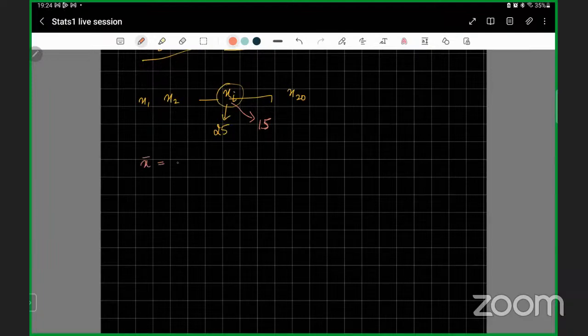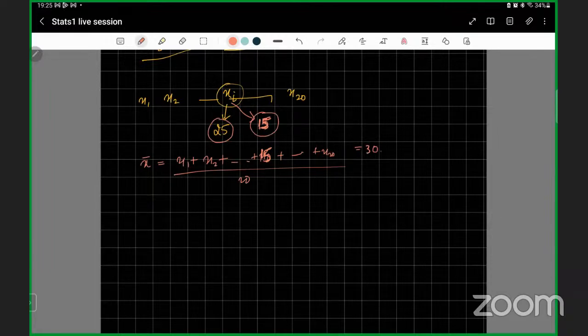The mean you got was x1 plus x2 plus xi, which is 15, plus up to x20, divided by 20, and this is 30. But this is incorrect, right? The actual number should have been 25, but you used 15 in place of 25. So there's a difference of 10.